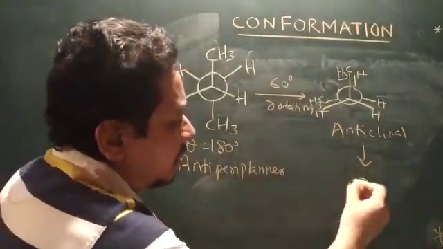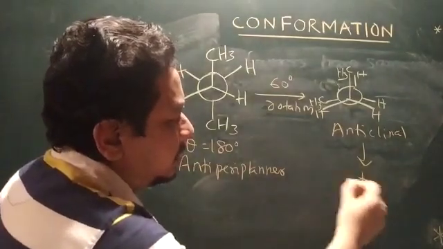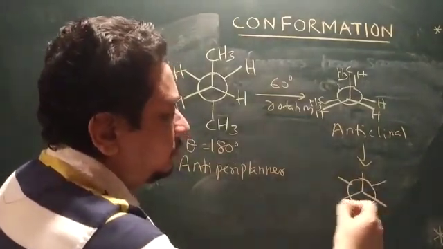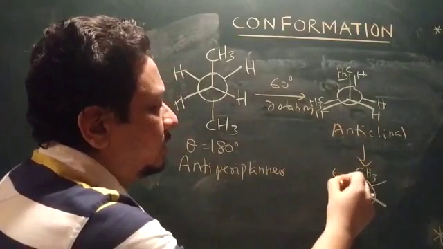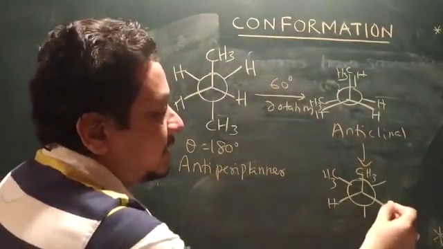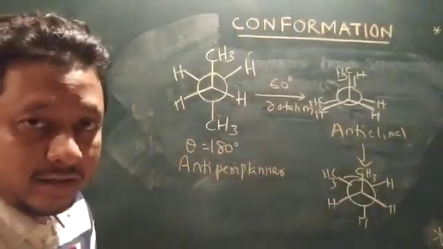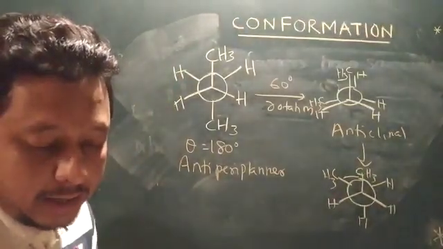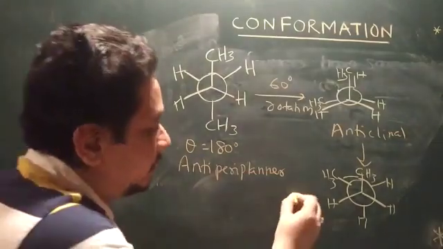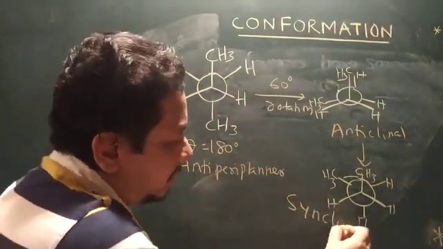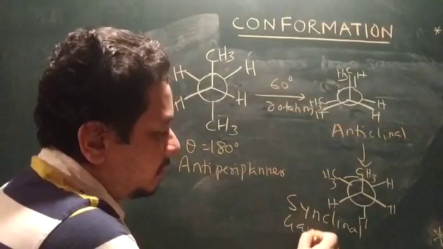So the molecule can look like this. This is CH3, this is CH3. Now you can see in this structure the angle between the two CH3 is 60 degree, the dihedral or torsional angle, and this is known as synclinal or gauche.